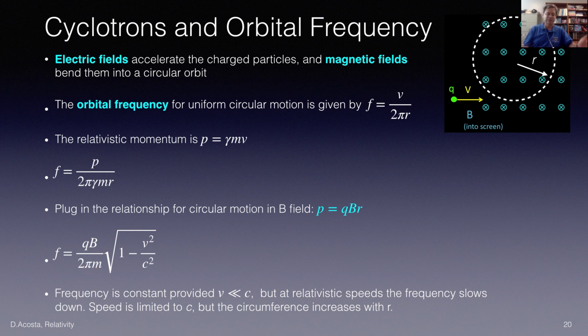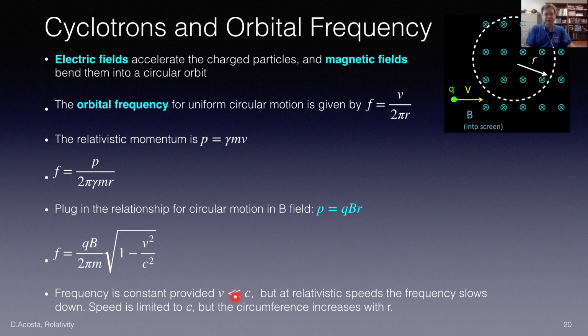It's a constant. In other words, at low speeds compared to the speed of light, the frequency is about constant going around this machine. And so if you had to, for example, tell when to turn on the electric fields to accelerate the particle at a certain point in the ring, you would do that at a certain fixed frequency.